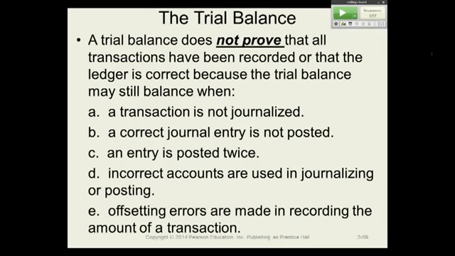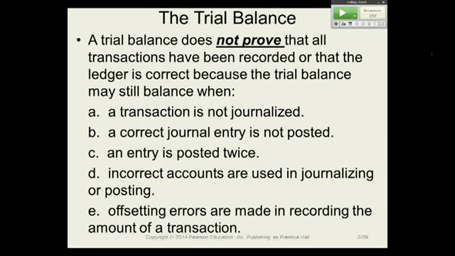It's the wrong account. It should have been common stock, but the transaction will still balance out. So you could use the wrong account and still have the trial balance.